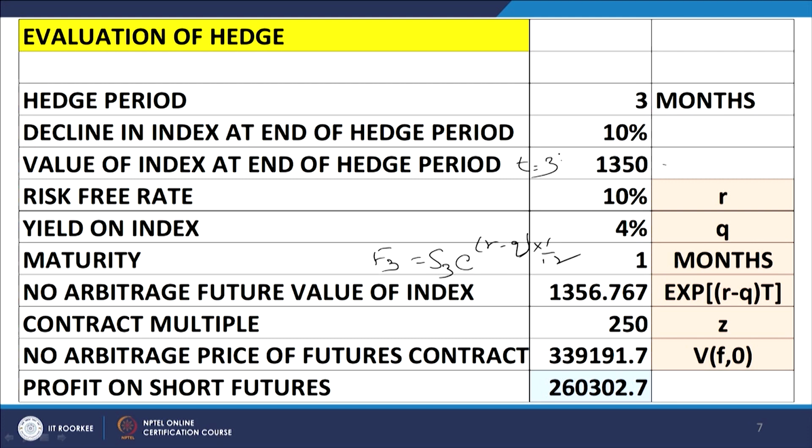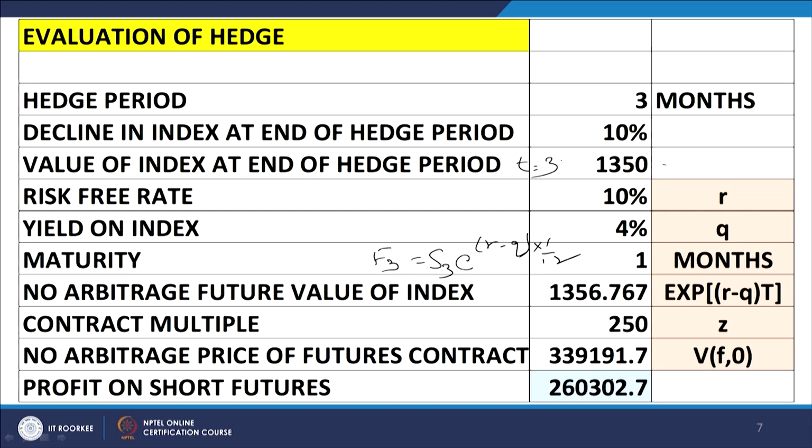So, in effect what have we done? We have taken a short position in 10 futures contracts at 1530 and we have liquidated them at a futures value of 1356. So, what is the profit?